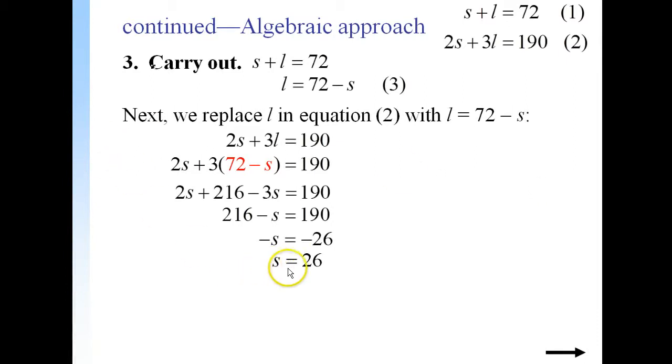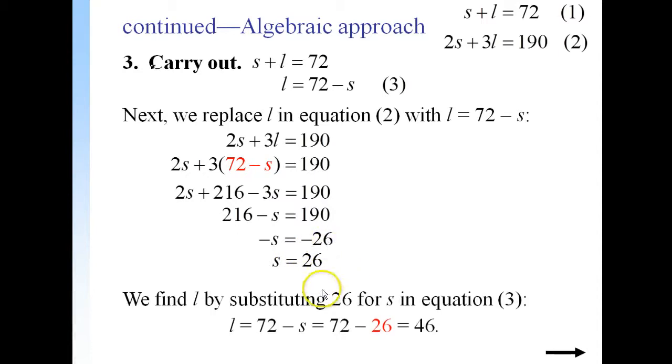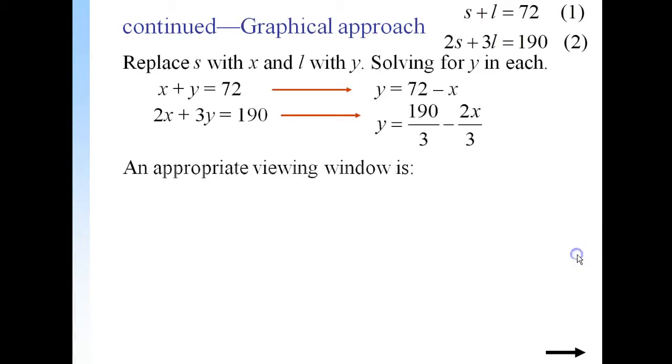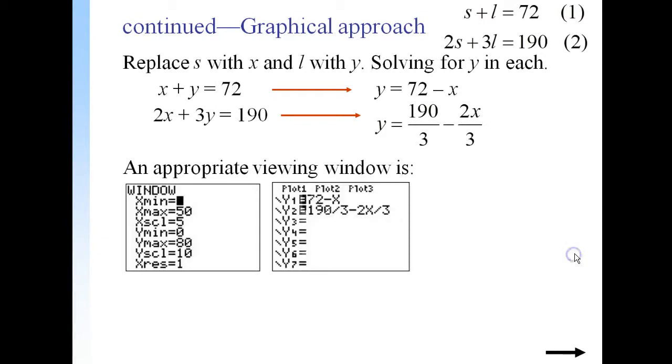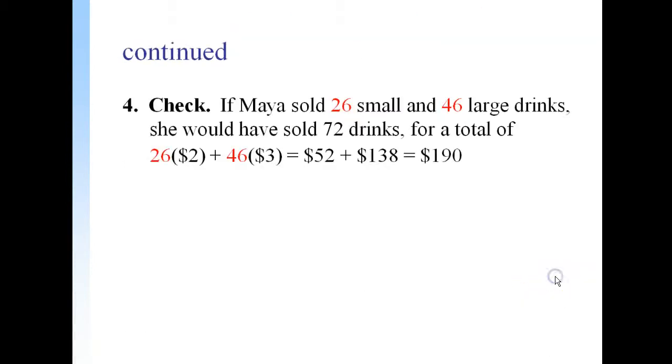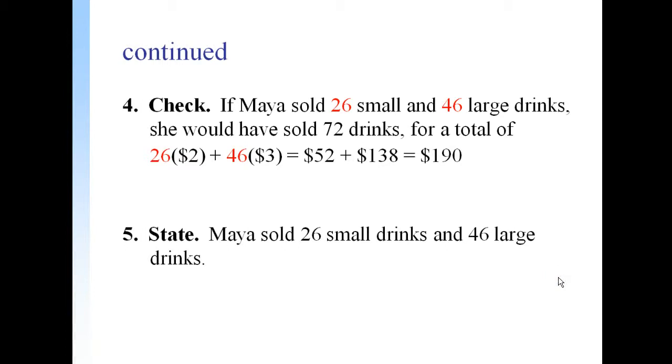Again, they get for the small number of drinks, 26, and for the large, once we subtract, 46. So again, we used elimination, we got 46. Here they're showing us through substitution. And it all checks out. We're not using a graphing calculator to do it, but that would be your point of intersection. And there's a check.